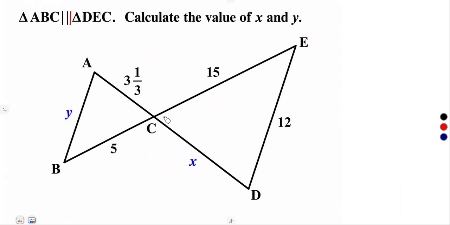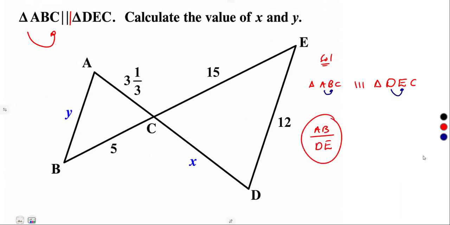So in our case, guys, you're not going to worry about angles, like saying this angle and this one are the same. No. We are already told that these two triangles are similar. So work from the proportionality concept. If these two triangles are similar, the ratio of their corresponding sides will be the same, like this: AB over DE.